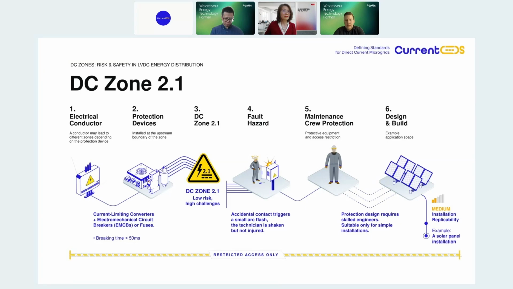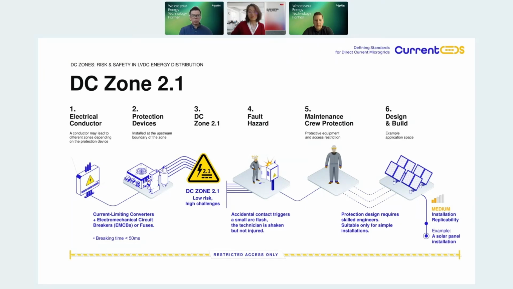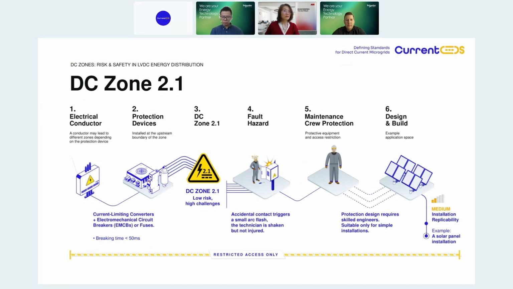There is a small arc flash, and the technician is shaken but not much injured. Special clothing is needed, but again, not as severe as in the previous zones. And the typical area where DC zone 2.1 occurs is in a solar panel installation.